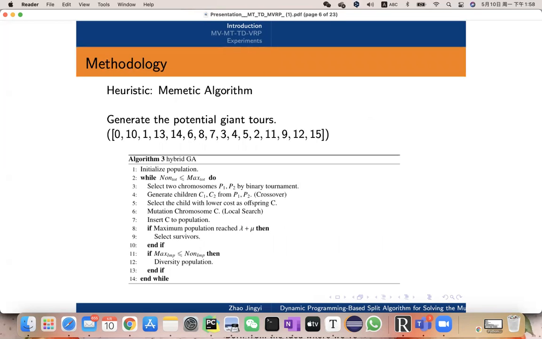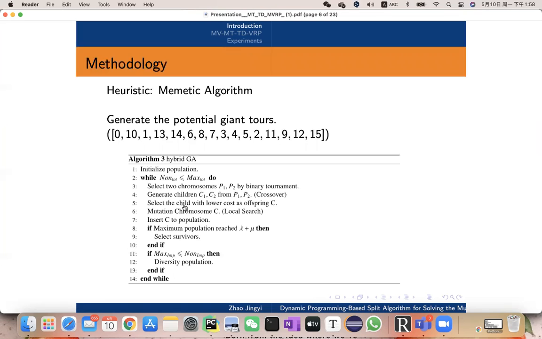And for the heuristic part, we use the memetic algorithm, which is a hybrid genetic algorithm with some local search operators. With this, we can generate sufficient and efficient giant tours.